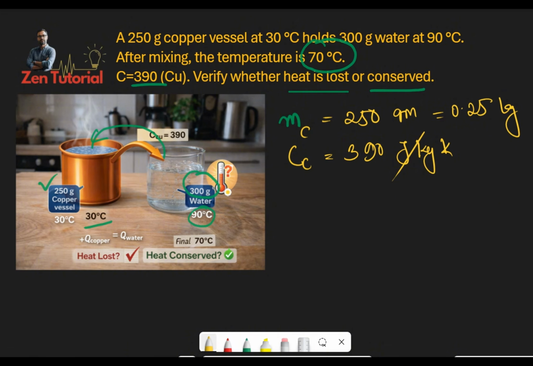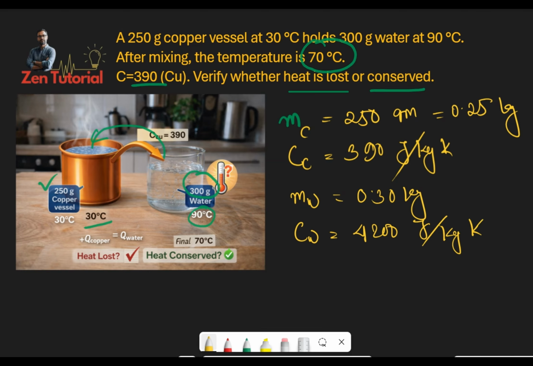On the other hand, for the water, the mass of water is 0.30 kg and the specific heat is 4200 joule per kg per Kelvin.